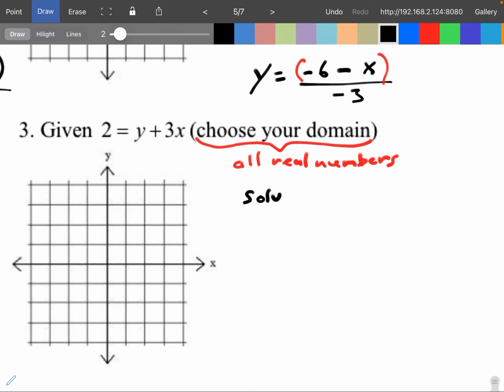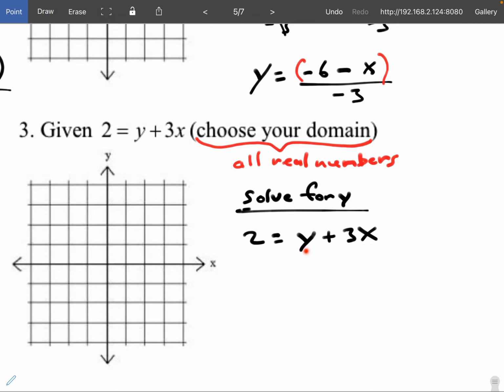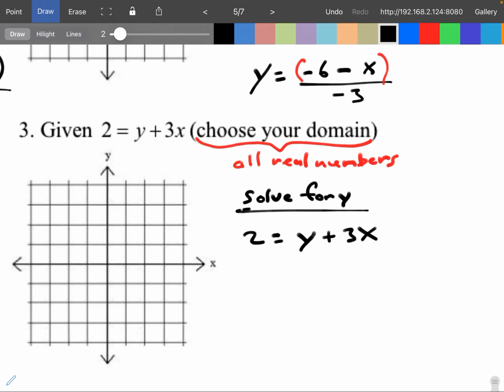You could do negative numbers, positive numbers, fractions, decimals, whatever you want. For this one, first of all, we've got to solve it for y, right? So we have to have that note again. You need to solve for y.